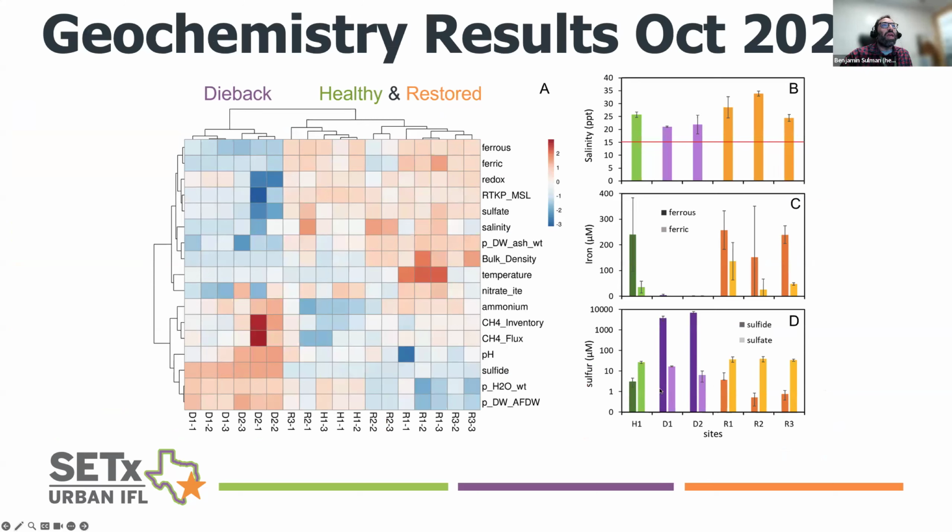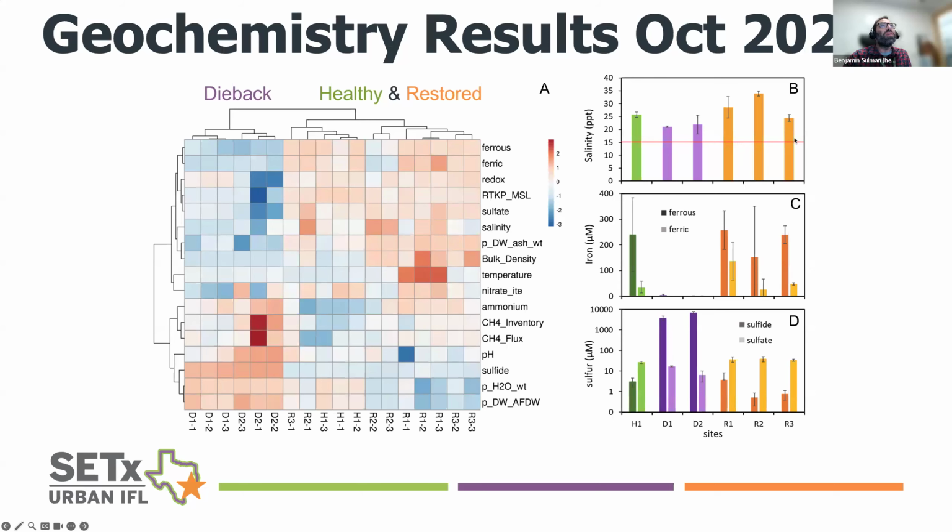So taking a quick look across all of these biogeochemical measurements, there's a pretty clear difference across a lot of different factors between the dieback compared to the healthy and restored marshes. The dieback areas tend to have much less iron compared to the healthy and the restored marshes.